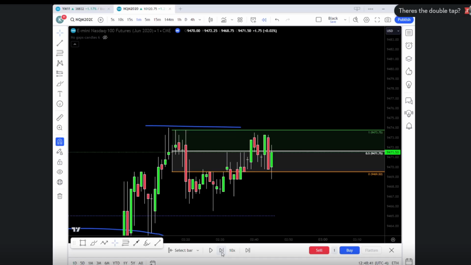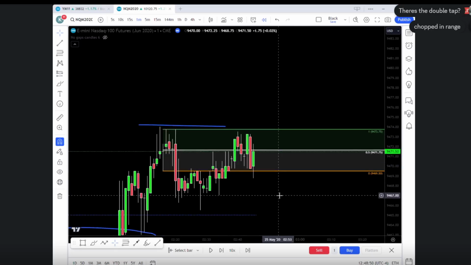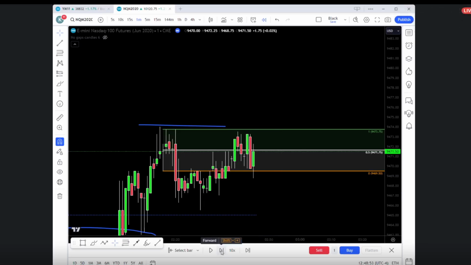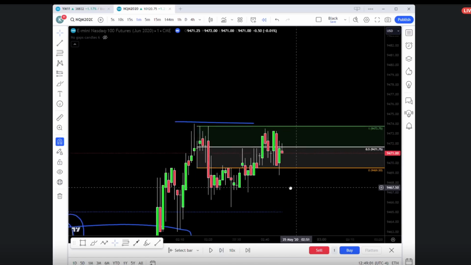Right? So we have now swept up here, traded below. Right? People are getting chopped up for sure. I'm not thrilled that we've mitigated this zone. We've had strong bullish price action.